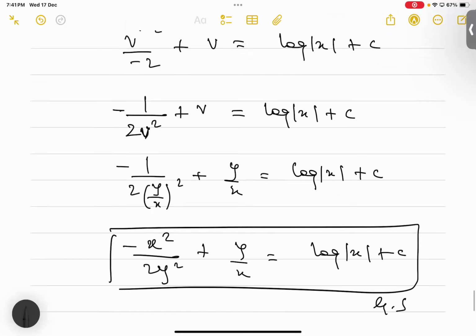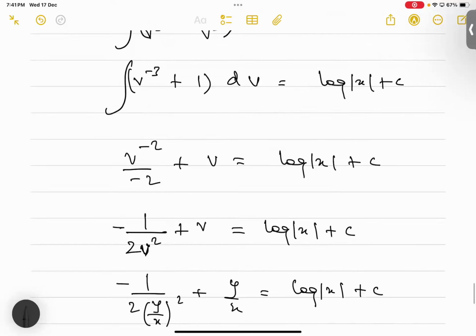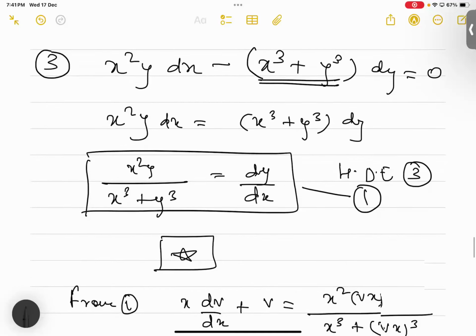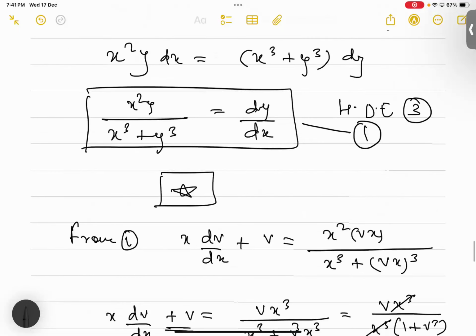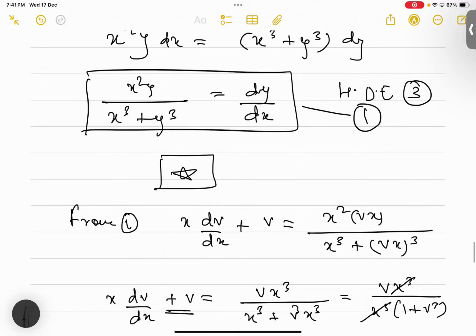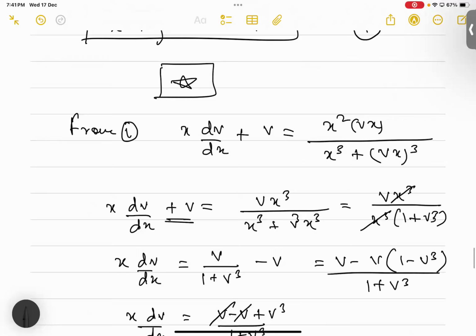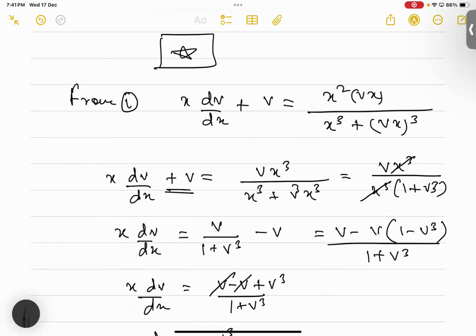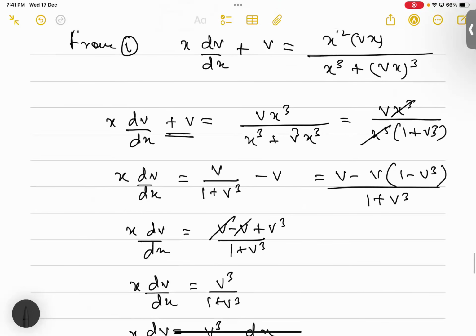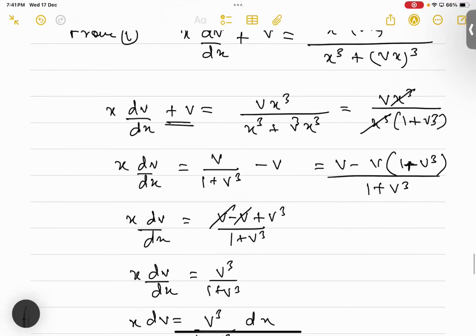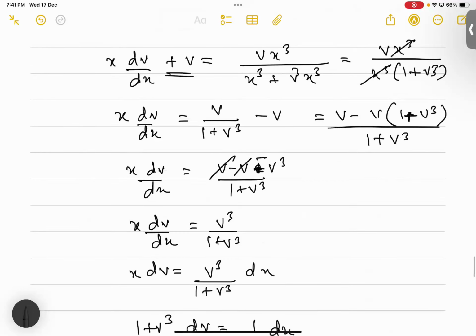Okay, I think I've missed something over here. I'm just getting that feeling that I have done something wrong. Just give me 2 minutes. v upon 1 plus v cube minus v. This should be plus, right? Yeah. And hence this should be minus.